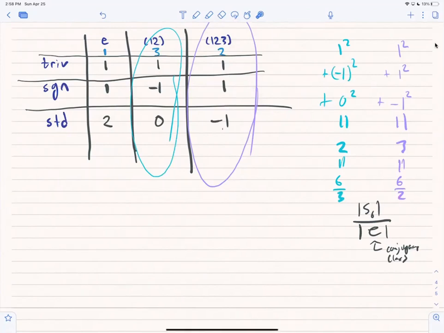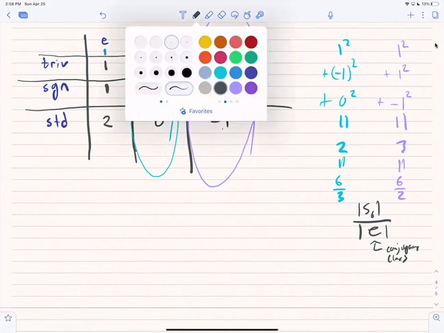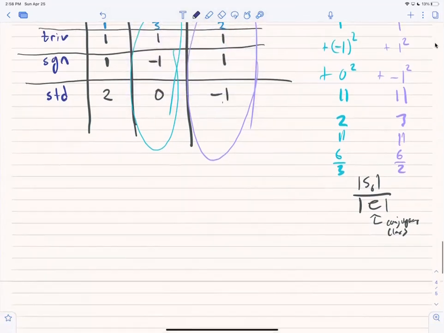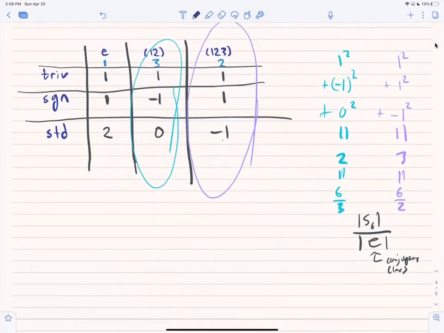Okay, great. Here, the reason we just got the order of the group in the first column is because the identity element always has a single element in its conjugacy class. Oh, sorry, I forgot the other thing. If you look, the columns are just straight up orthogonal.